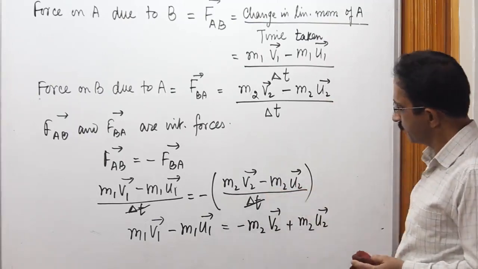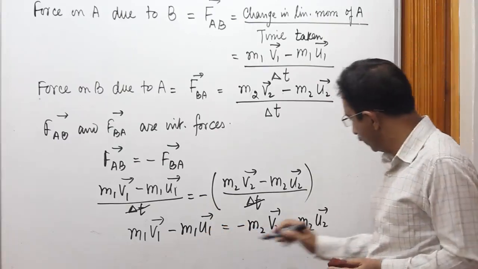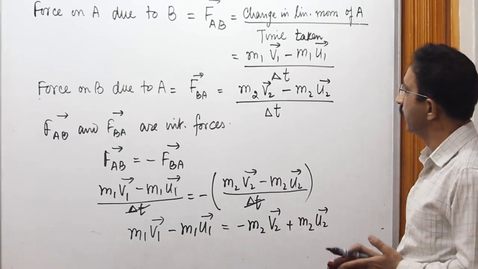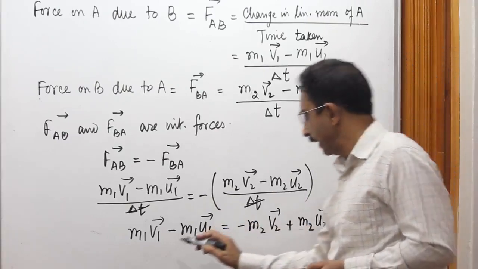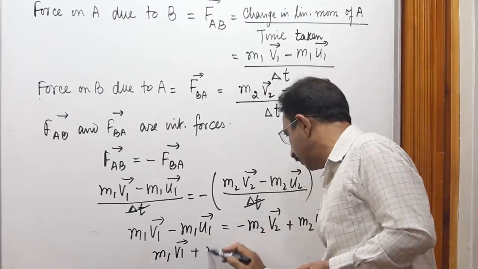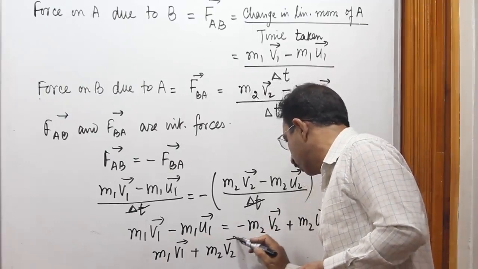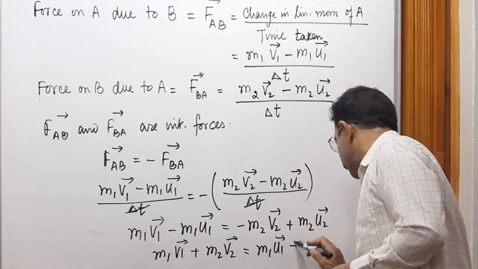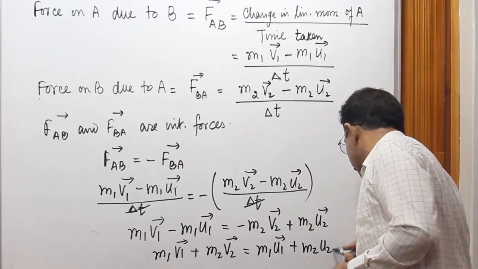So minus into minus is plus. Now I shift this m1 u1 to the right hand side, I shift m2 v2 to the left hand side. So I finally have m1 v1 plus m2 v2 is equal to m1 u1 plus m2 u2.